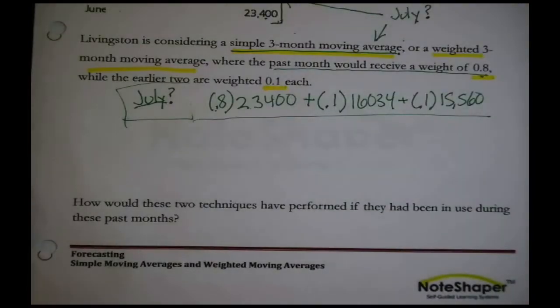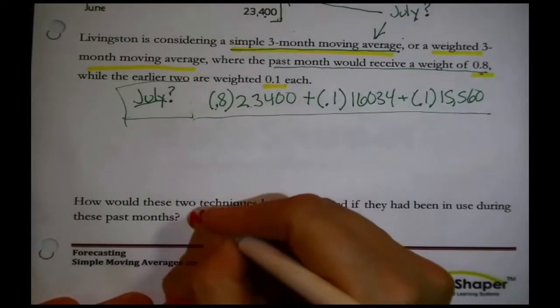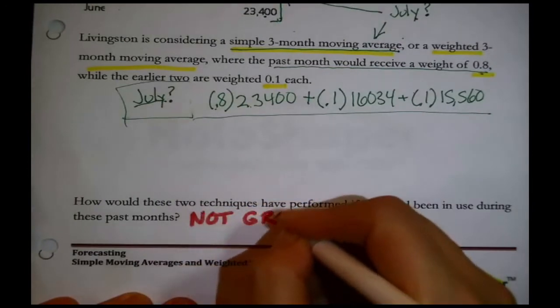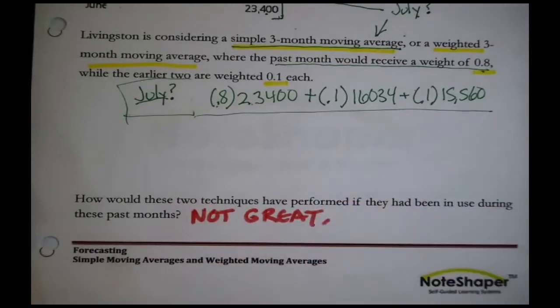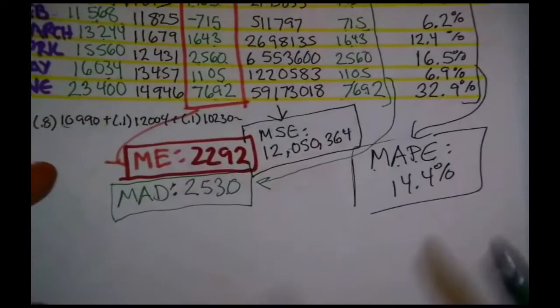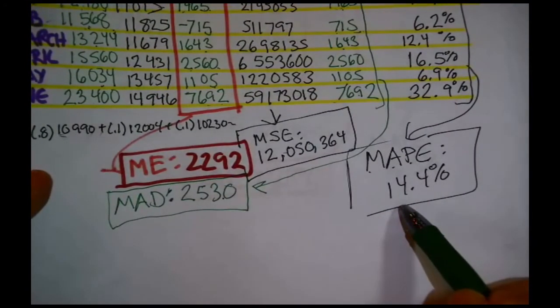Commentary, how would the two techniques have performed? Not great. Not great. You could cite, for instance, the fact that even the best one has a mean absolute percent error of about 14%.